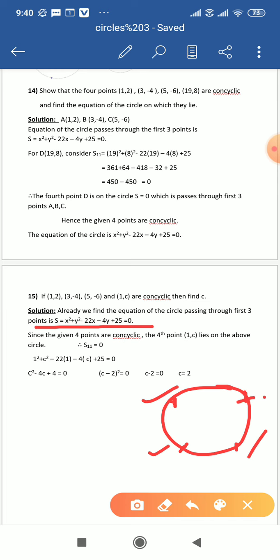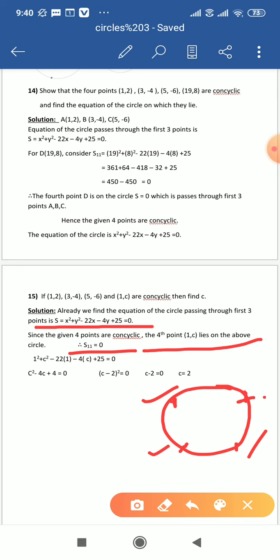So you have S11 is equal to 0. Since the given 4 points are concyclic, the fourth point 1, c lies on the circle. Therefore, for that point S11 is equal to 0. S11 means put the x, y coordinates in the equation S is equal to 0. That is, here x1 is 1, y1 is c.